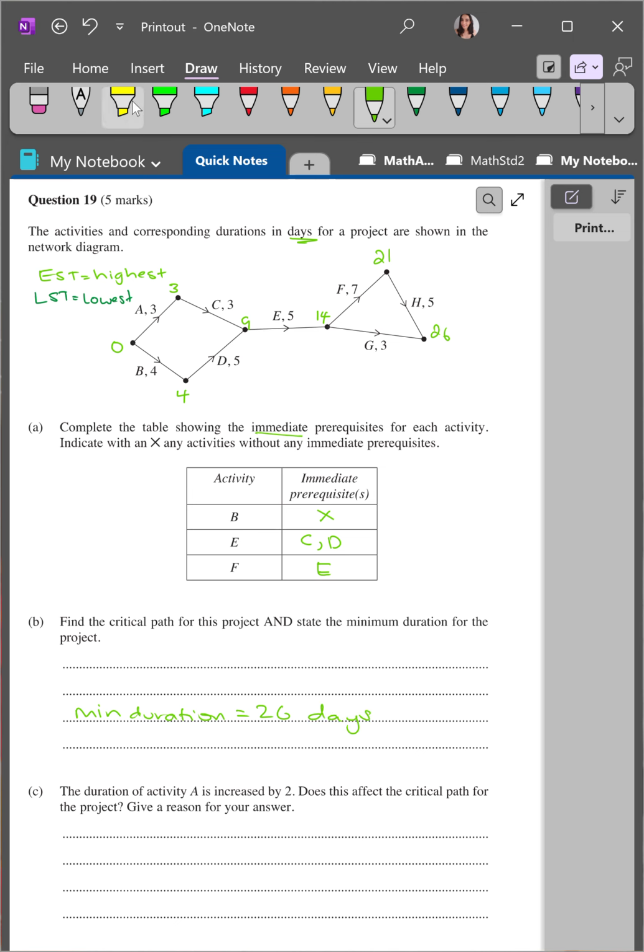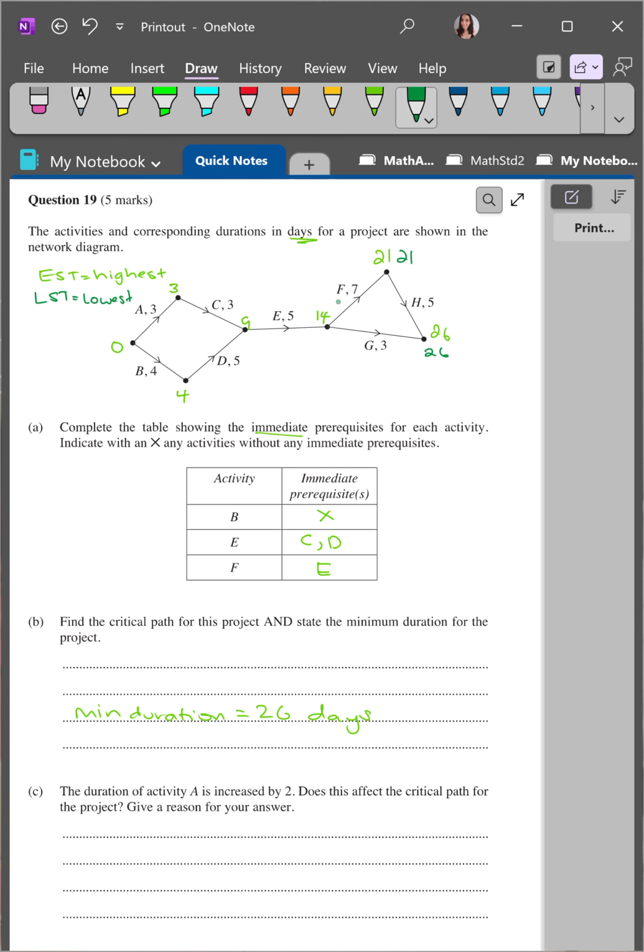Now, if we want the critical path, we have to go along the edges where the EST equals the LST. So if we were to go backwards, we would always start at the end and the EST equals the LST every time. That's how you start off. So if we go back through H, we subtract 5, so the LST will be equal to 21.